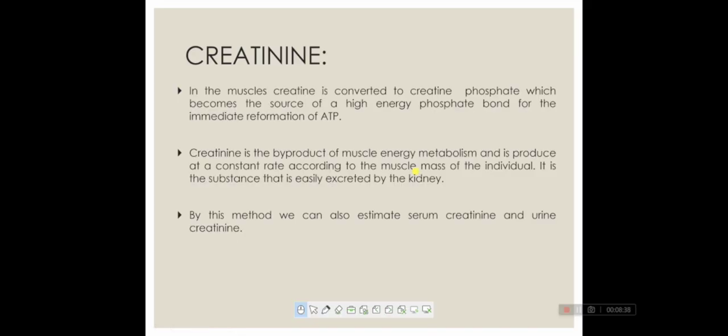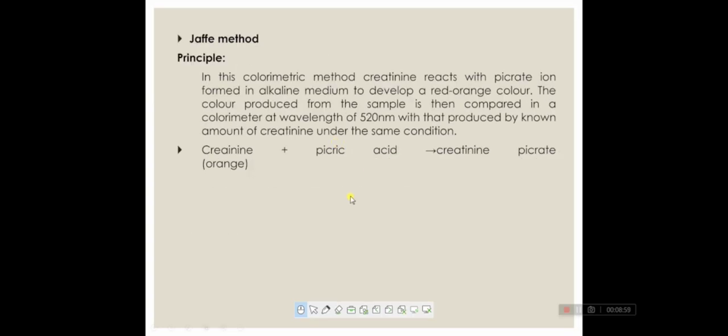By understanding the levels of creatinine, we can conclude whether creatinine is excreted by the kidney in a normal or abnormal amount, which may indicate an abnormality in the functioning of the kidney. Creatinine is measured by Jaffe's method. So what is Jaffe's method?